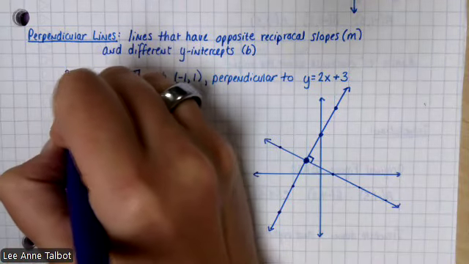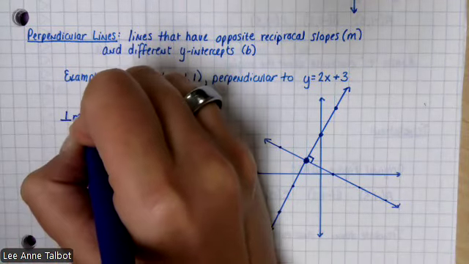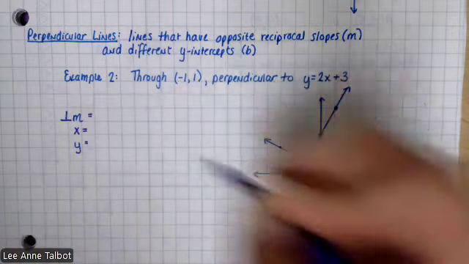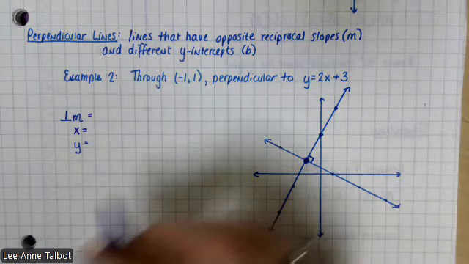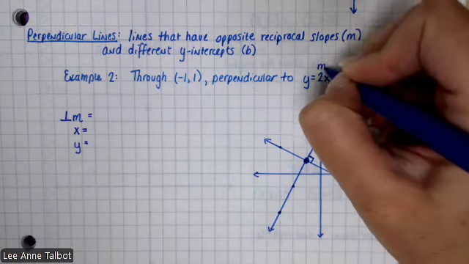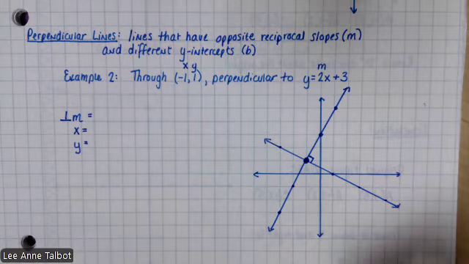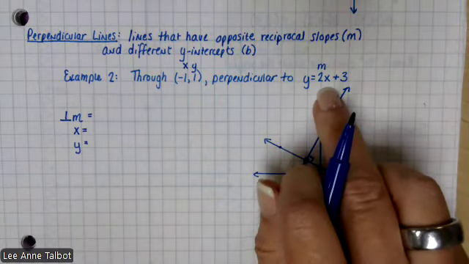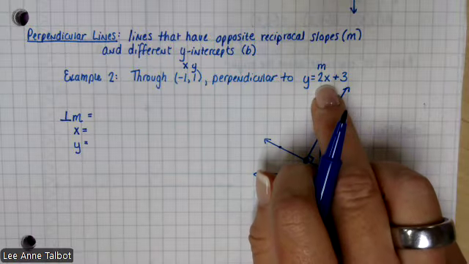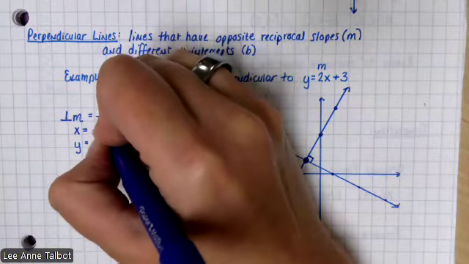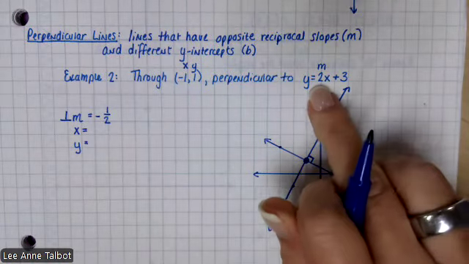So I'm going to write: perpendicular slope, x, y. Here's the slope. Here's x. Here's y. Okay, what's the opposite reciprocal of 2? -1/2. Beautiful. So switch the sign and flip.